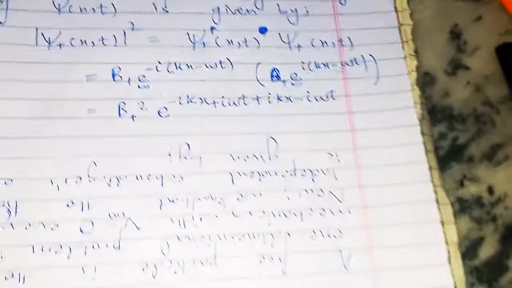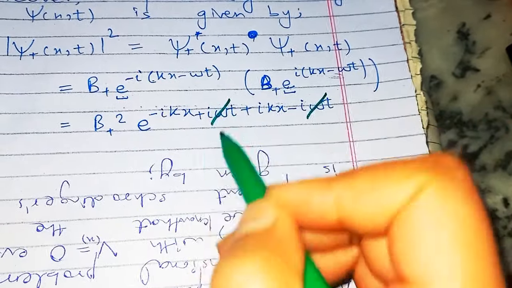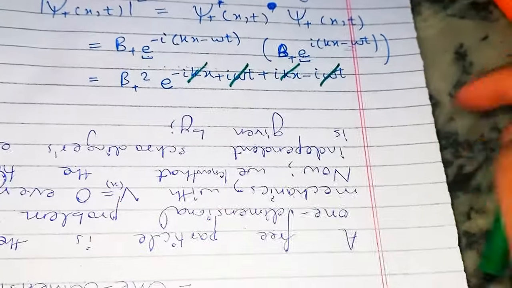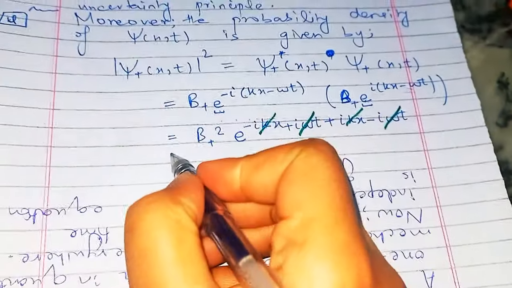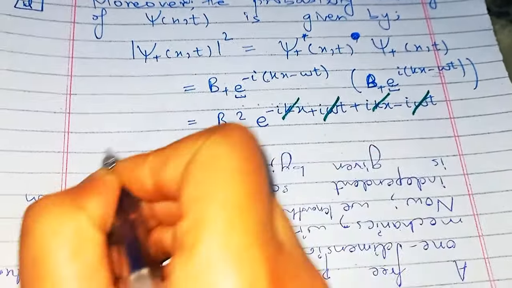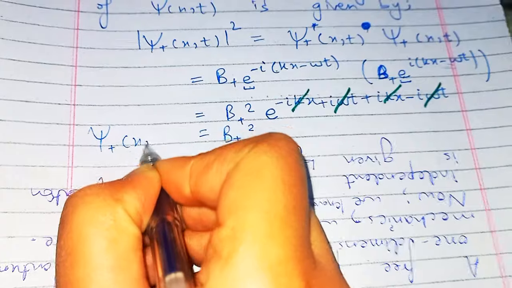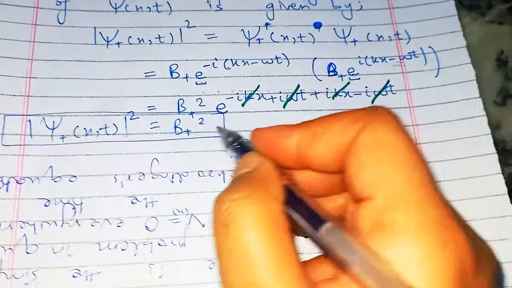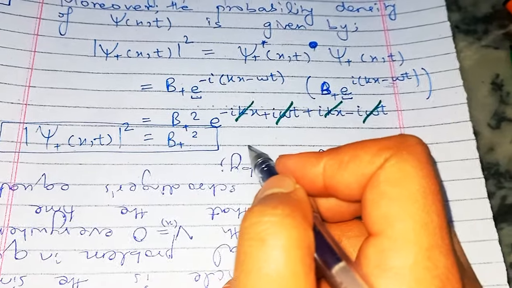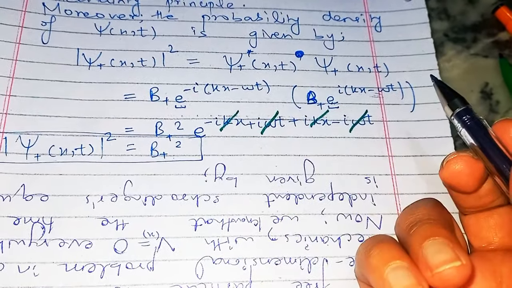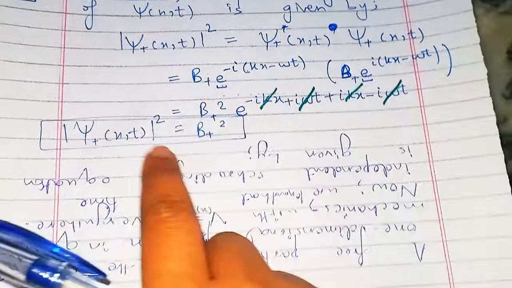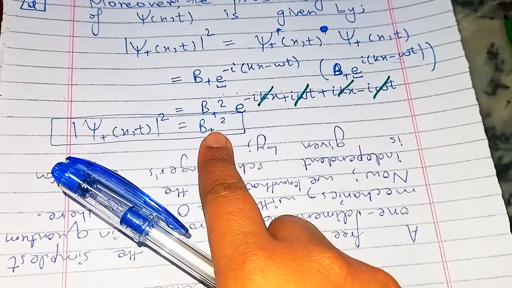We can see here that minus omega t plus omega t cancels out, minus kx iota plus iota kx cancels out, and we are left with B plus whole square. That is the probability density function, which equals a constant quantity, and this constant quantity doesn't contain x or t dependence, which means that the probability density function is independent of x and t.